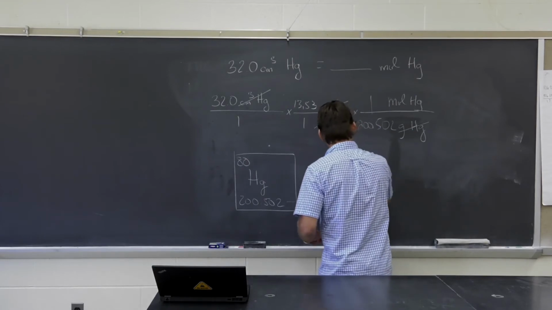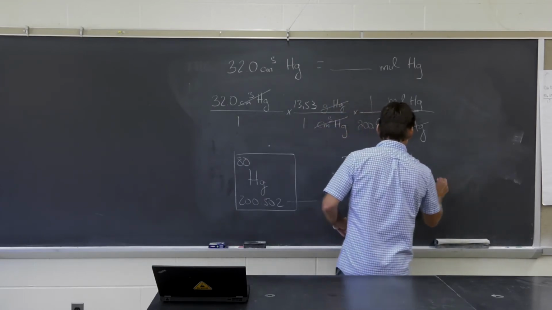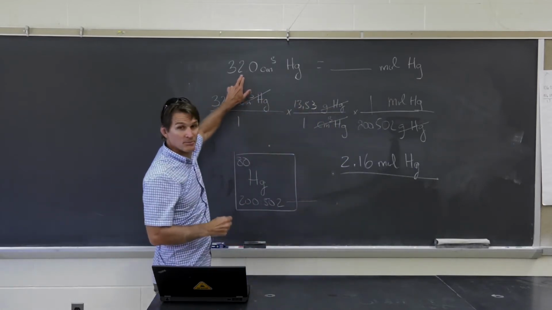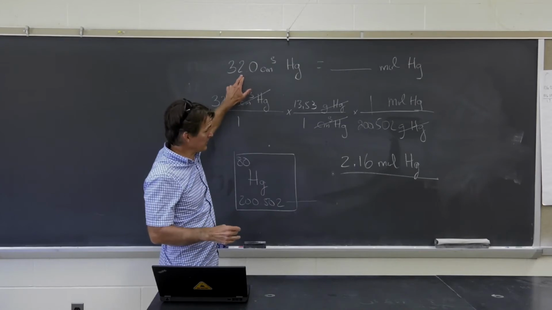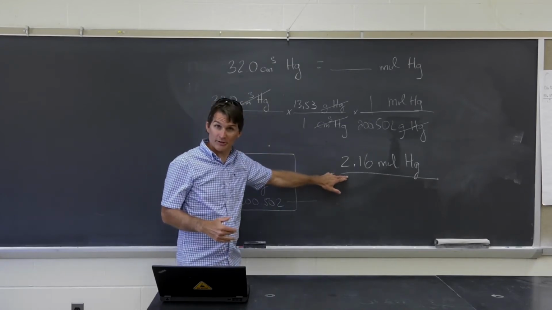And so we've done the conversion that allows us to see that 32 milliliters of mercury has 2.16 moles of mercury atoms in it.